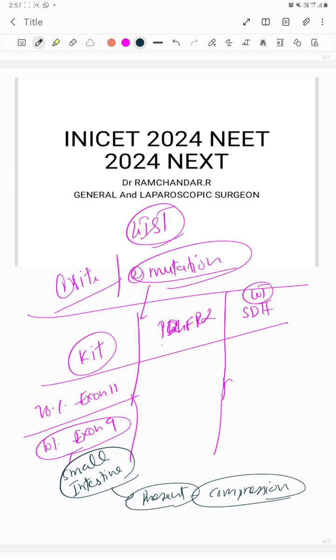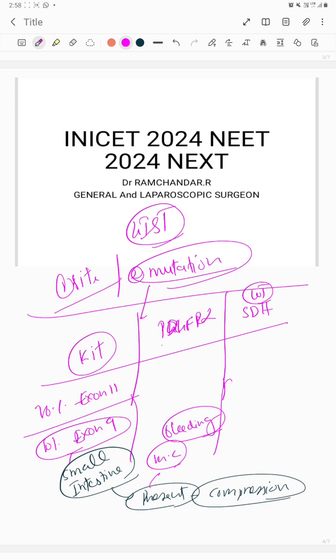Most commonly it occurs in the ileal region, the terminal ileal region. So they mostly tend to bleed. The most common presentation of GIST is bleeding, like overt bleeding.